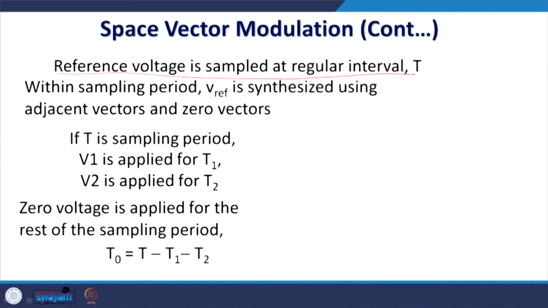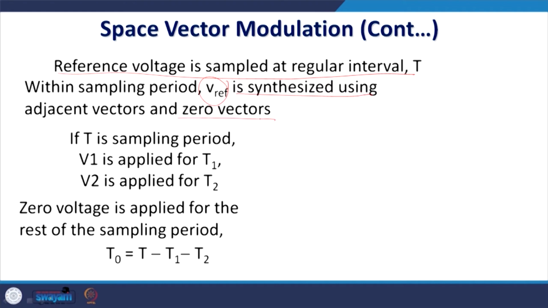As I told you, you are generating the clock pulses from a DSP or FPGA, and for this reason the reference voltage is sampled at a regular interval, with a sampling period of T ref, and it is synthesized with the adjacent vectors and the zero vectors.